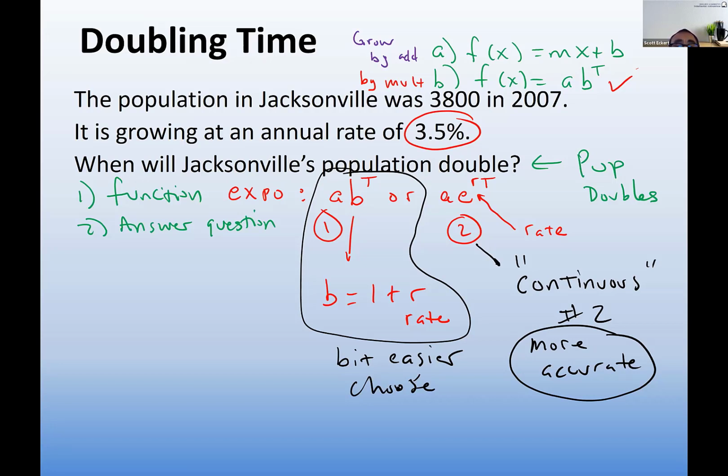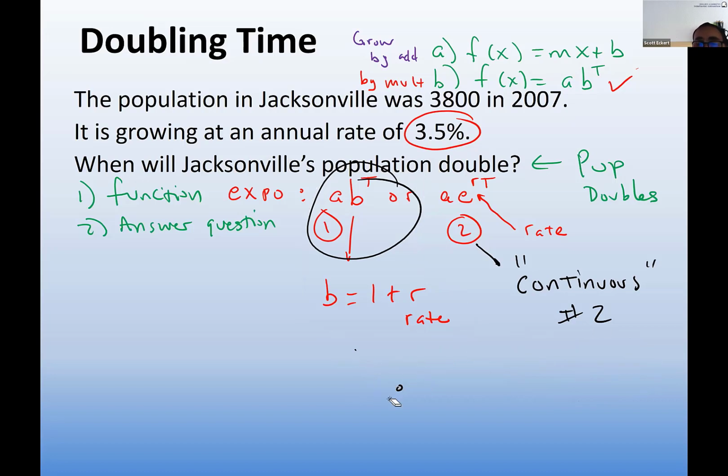It's not like there are no babies born until January 1st, and then all the babies are born on January 1st, and we wait a whole year for more. That's not real life. Babies are being born continuously, so the population is growing continuously. The second model would be more accurate, but the first model is close enough and a little easier to use. I'm kind of giving you more than I need to talk about, but I'm going to pick the first model for this problem.